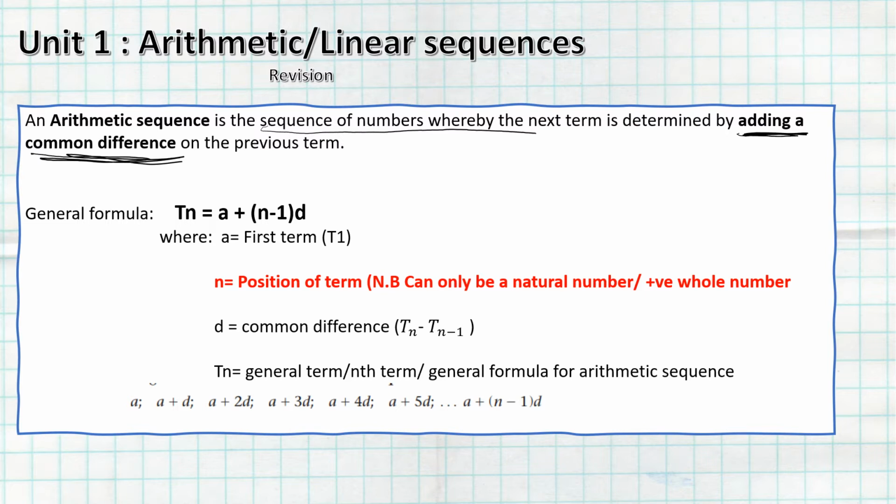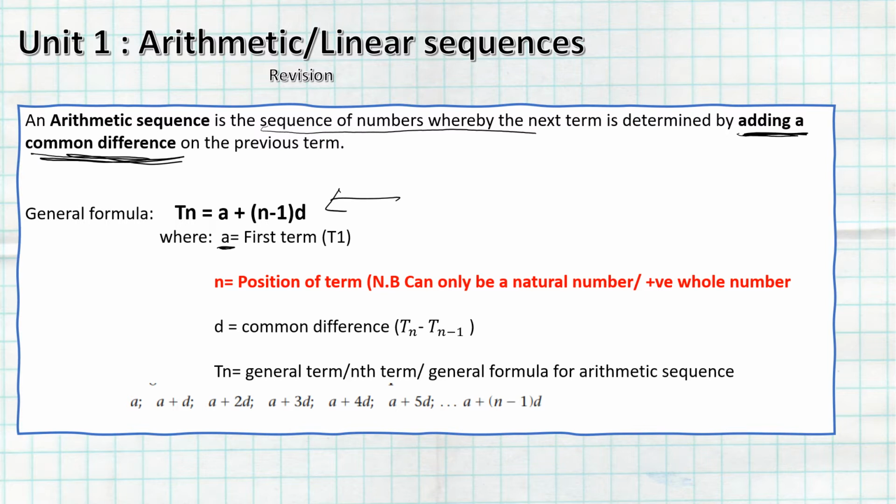We have the general formula, as you know from grade 11: Tn equals a plus n minus 1 times d. Very important information. a is our first term, denoted by t1, where t stands for term and 1 means first term.